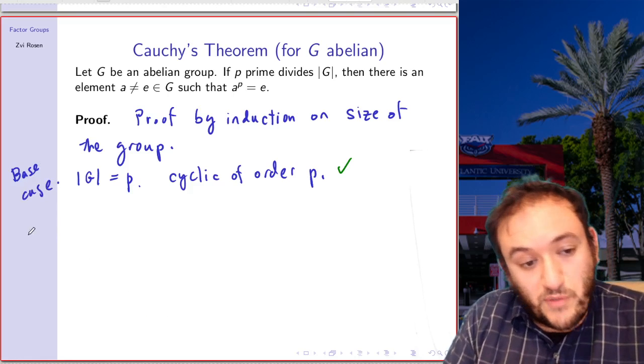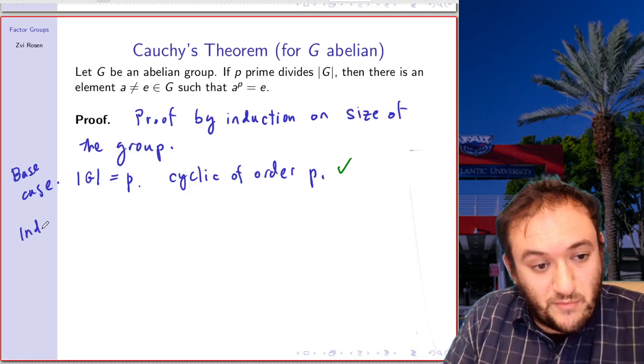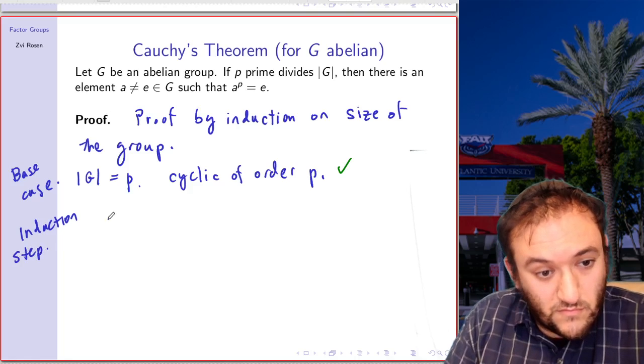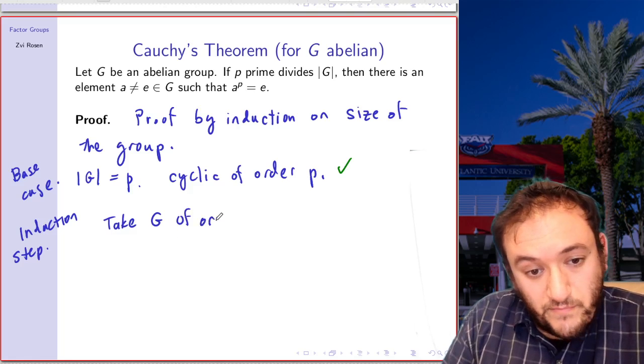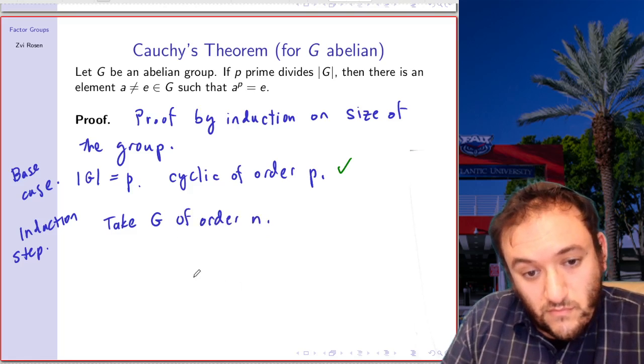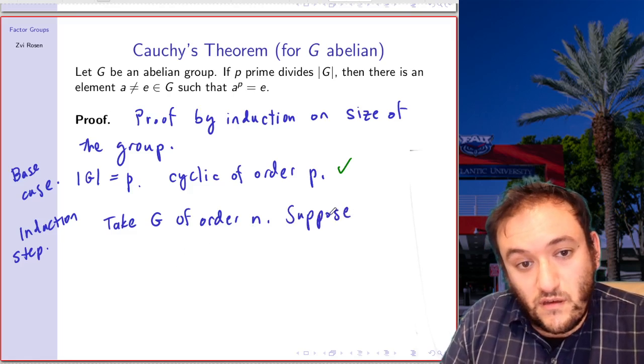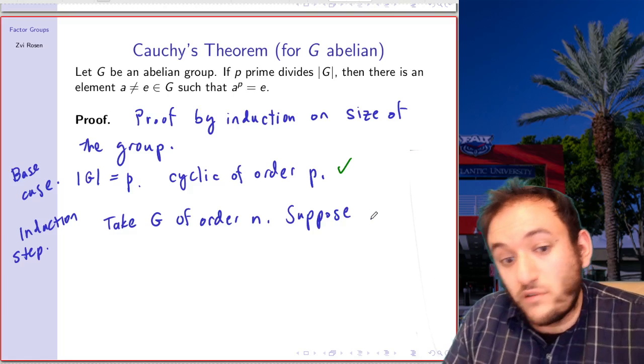Okay, now we're going to do the induction step. Take G of order n. Suppose our statement is true for all smaller groups.